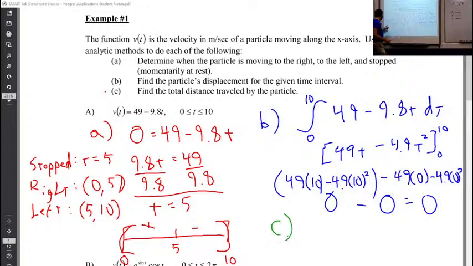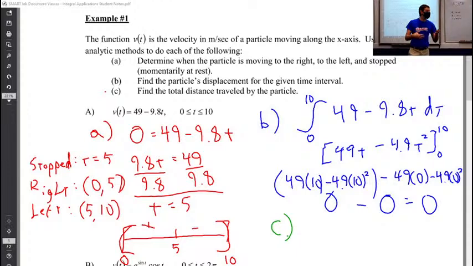Wait, of course it moved. It said we moved to the left and the right. So what we want to do is count that movement to the left as still being a positive motion, because right now it's counting as a negative motion. What we had done earlier was figure out where it was negative and then subtract that integral.